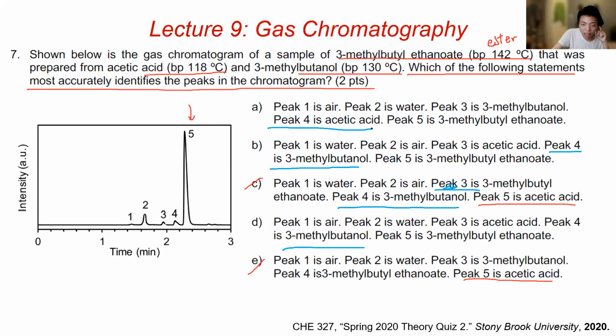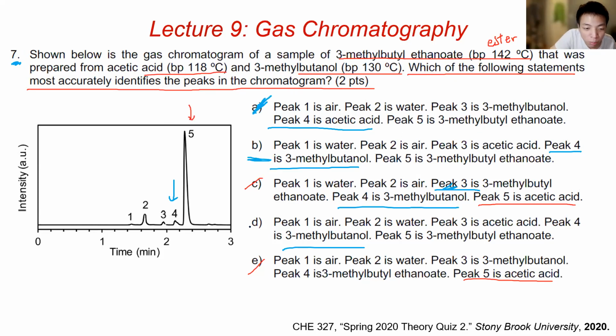Oh, here it says acid. Which one should be the fourth peak, based on the question that was given? Yep. The fourth peak should be the alcohol. So whoever says peak 4 is acetic acid is out.